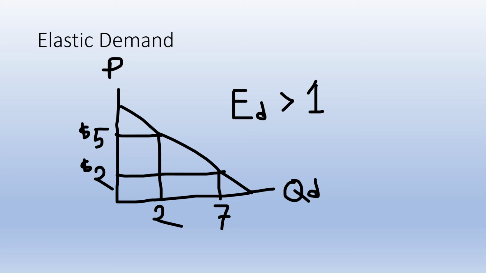So for a product that has a lot of alternatives, a little change in price can trigger a lot of change in quantity demanded. For example, if the price of a cereal changes 5%, then customers may switch to other breakfast alternatives.